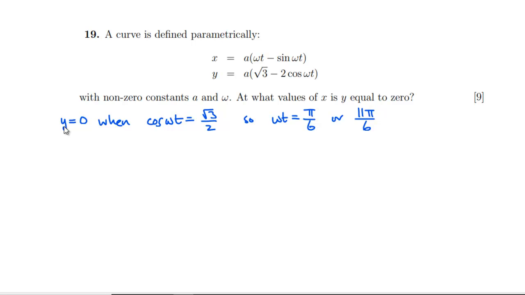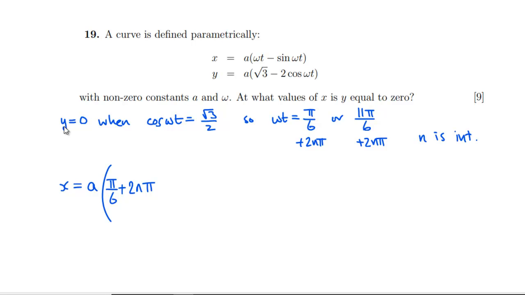This is going to happen every time, isn't it? So we're going to be adding 2n pi onto all of these, where n is some integer. Now we can just stick these into x. So x has got to be equal to a, then we've got omega t, so pi by 6 plus 2n pi, minus sine omega t.